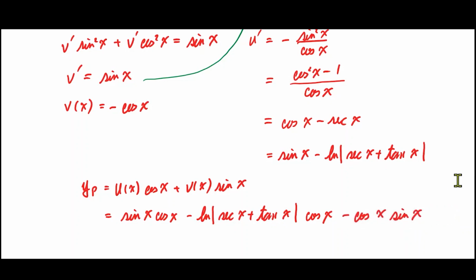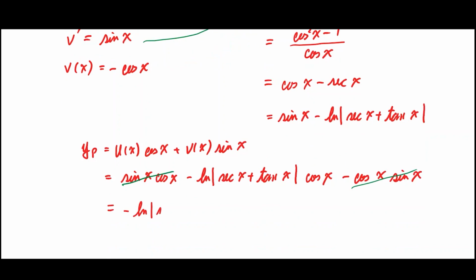Wait a minute, it gets even better, right? This one is purely log. Those two cancel, right? So we just have this left. So this is negative ln secant x plus tangent x times cosine of x.